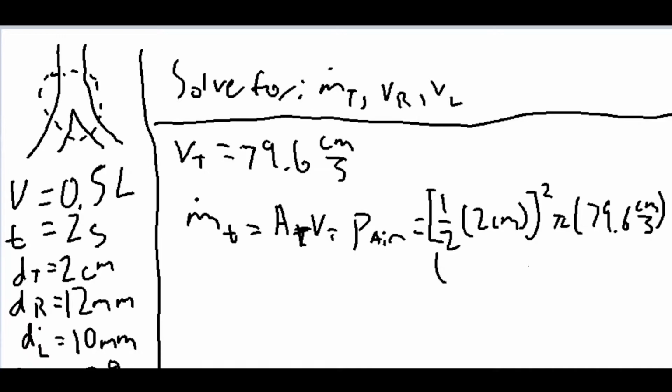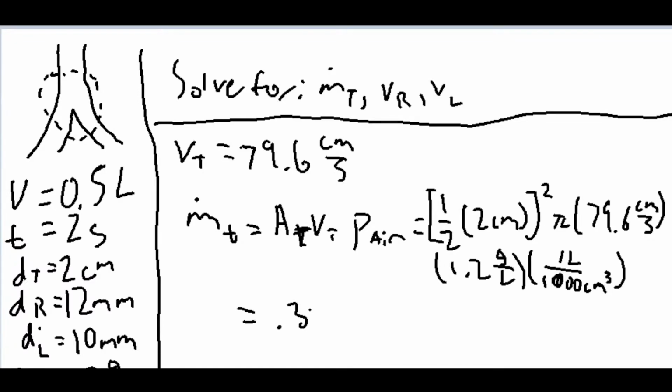And we know that the density of air is 1.2 grams per liter. And with using a conversion factor, again, we can multiply it by 1 liter over 1,000 centimeters cubed. And multiplying these all together, we get 0.30 grams per second.